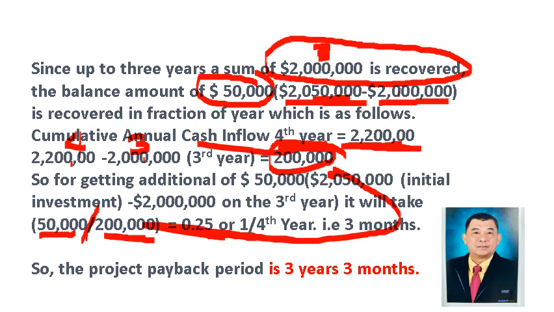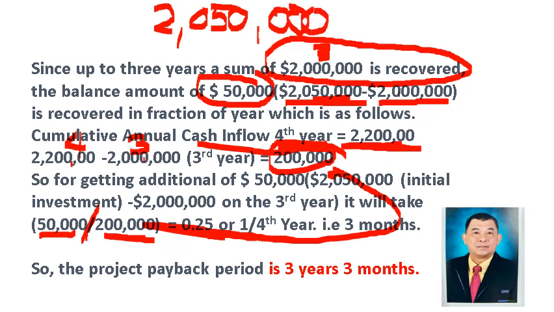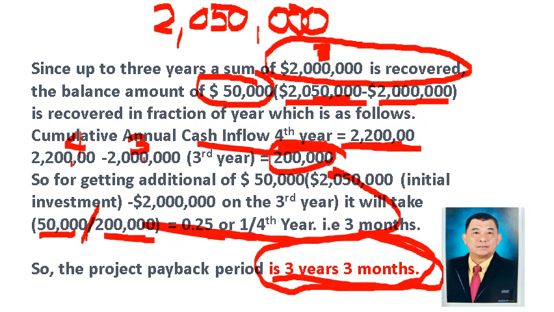So if you invested 2 million 50,000, what is the payback period? The payback period is 3 years and 3 months. That is the correct answer. You have now specific how many months? 3 years and 3 months only.